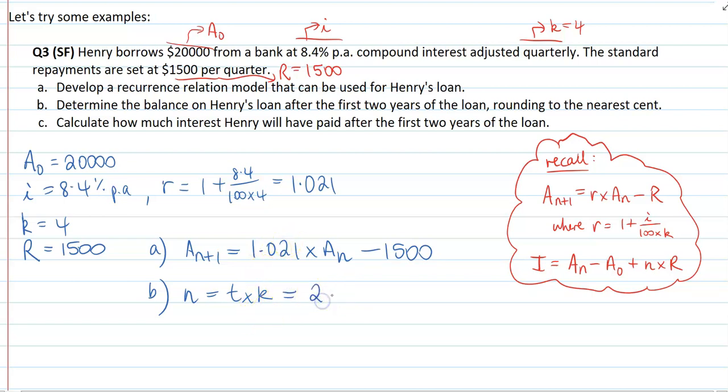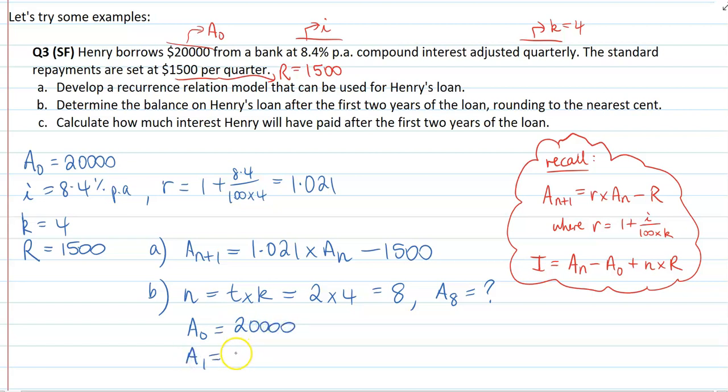So we've got 2 years and it gets hit with interest 4 times a year. So the number of compounding periods that's gone by is 8, which means we're after our 8th recursion. Again, set up your model within your calculator so you can easily calculate those recursions.